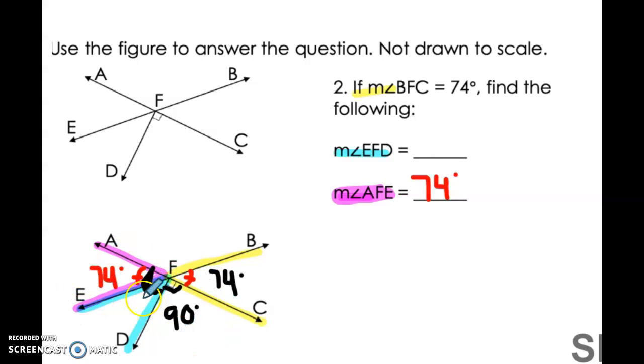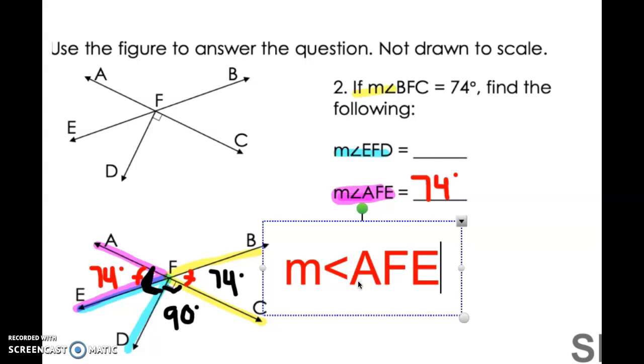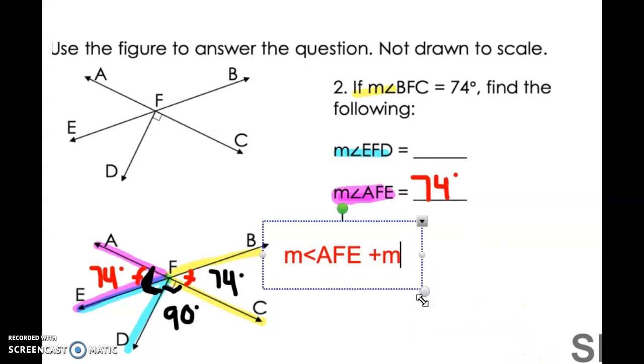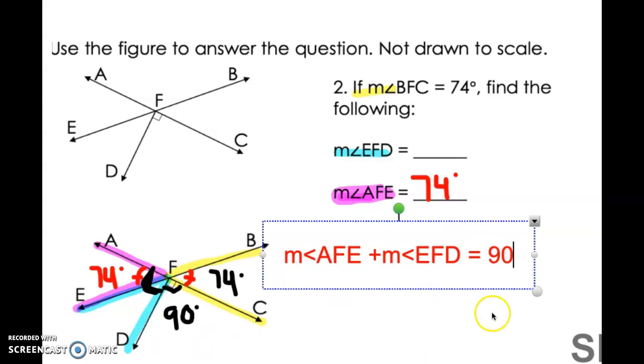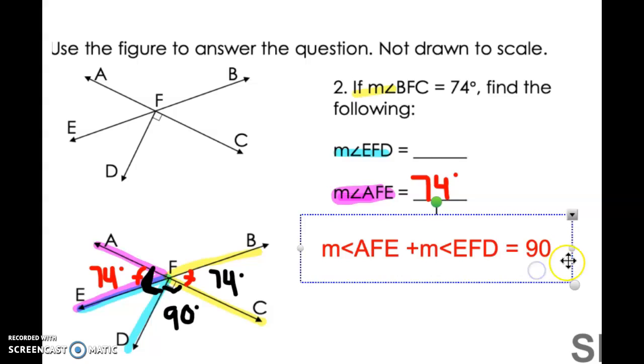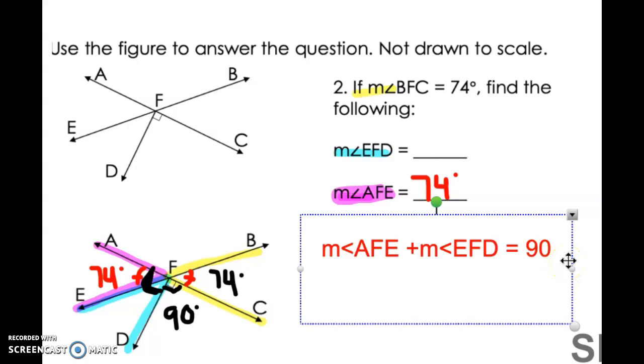And now we can use that to solve for the measure of angle EFD, because we know that the measure of angle AFE plus the measure of angle EFD needs to equal 90 because we have a right angle there. So the measure of angle AFE is 74 plus the measure of angle EFD, which we don't know yet, equals 90.